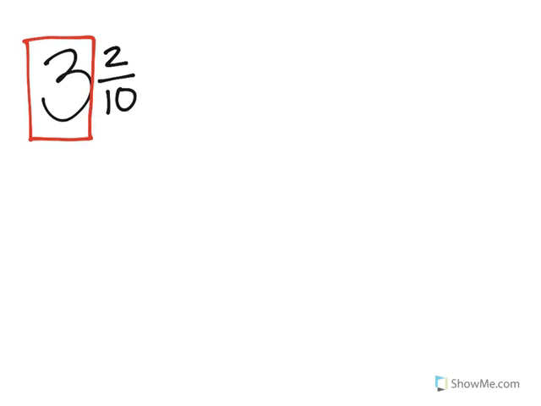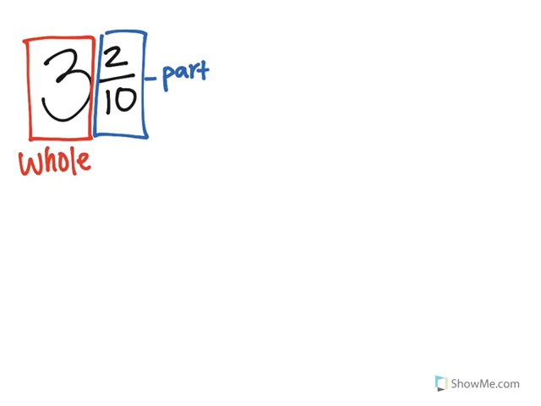So your first mixed number is going to be 3 and 2/10. Remember, this 3 represents whole. So I have 3 wholes. This 2 is the part or the fraction or the decimal.